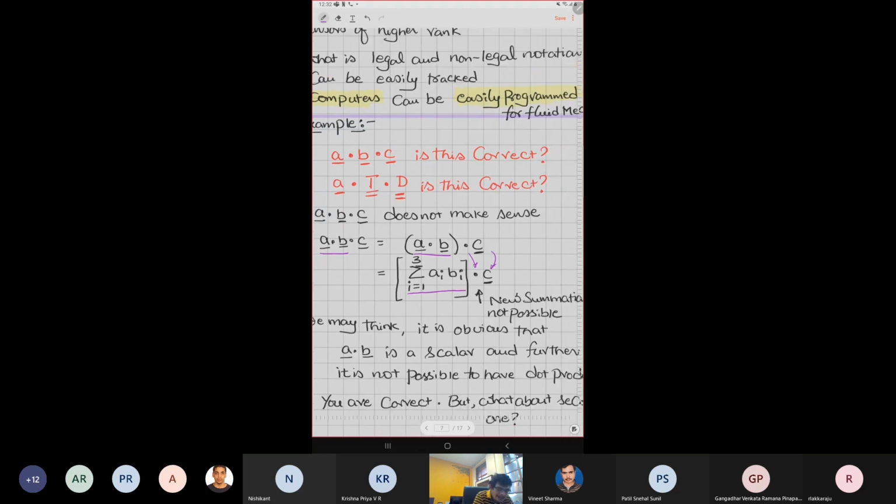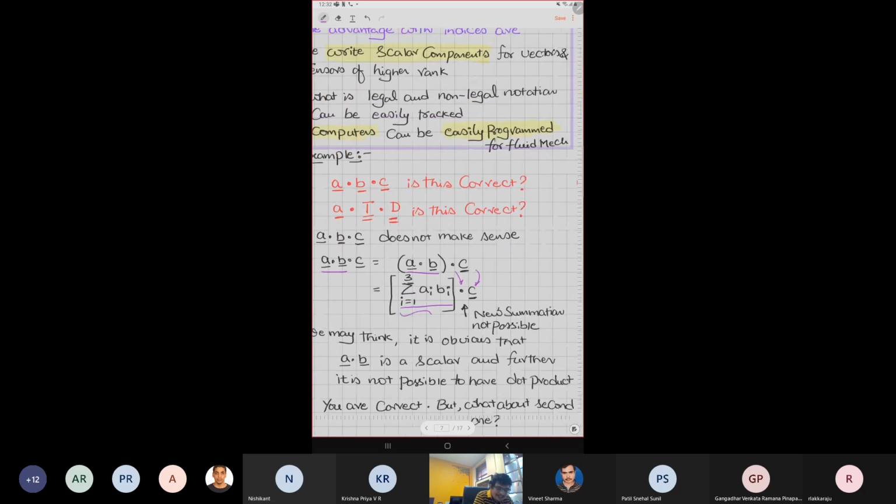Now, this entire thing, does it contain any index? If it has an index, I will be in a position to really replace that particular dot by repeated index, bringing one more summation, k equal to 1, 2, 3. Already condensed information, i equal to 1, 2, 3, A_i B_i.